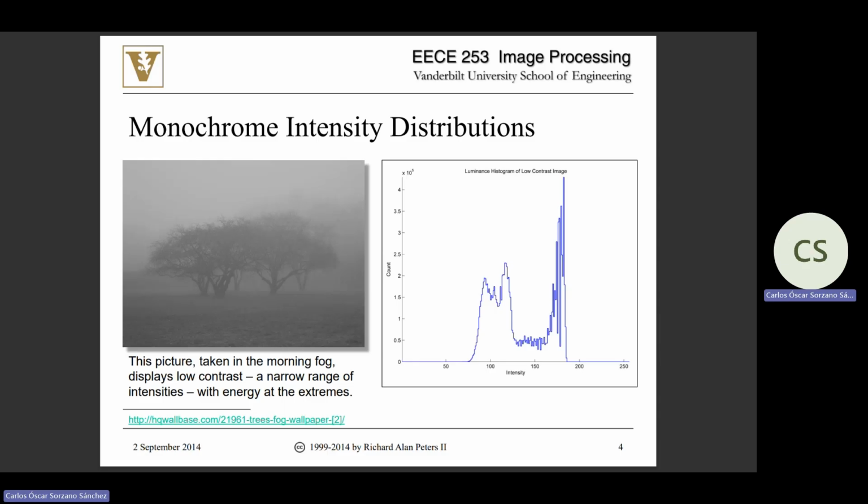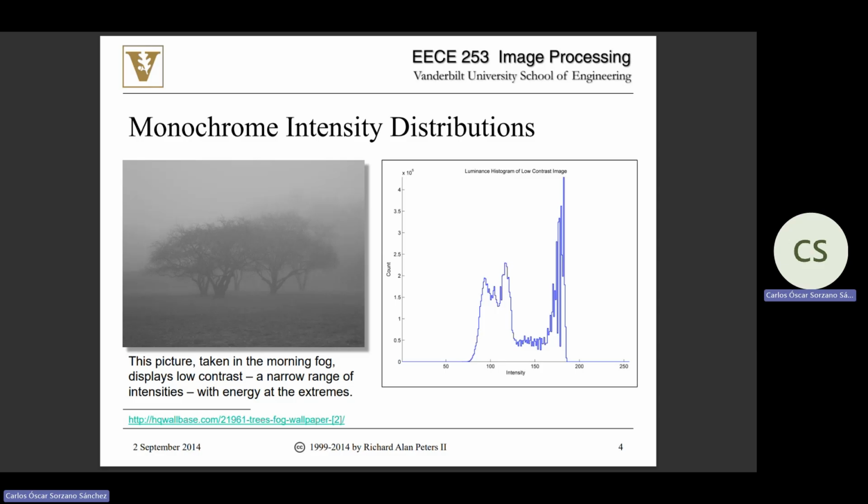This image is much brighter than the one before. So now we should have more counts here. So not more counts. The number of counts is the number of pixels, but we should have higher intensities. And with these higher intensities, now the histogram looks a bit different.